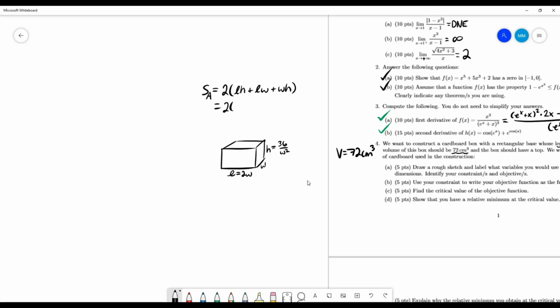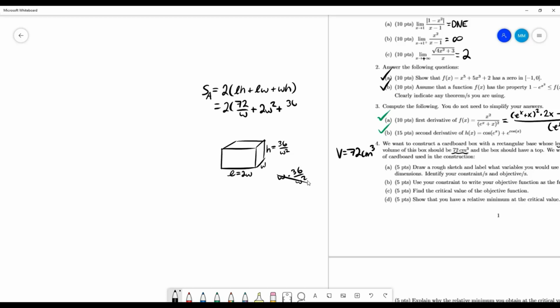So it's going to be 2 times 36 over w squared times 2w. So it's going to be 72w over w squared. One of those w's cancels. So it's going to be 72 over w, sorry. Plus now our length times our width, which is going to be 2w squared. Plus our width times our height, which is w times 36 over w squared.